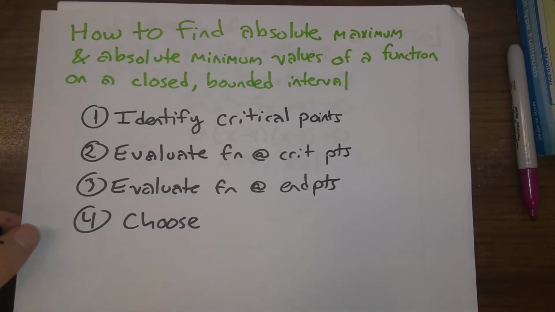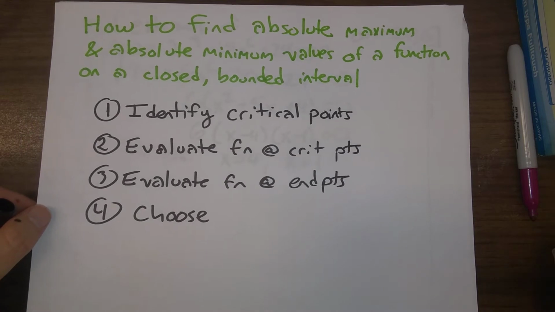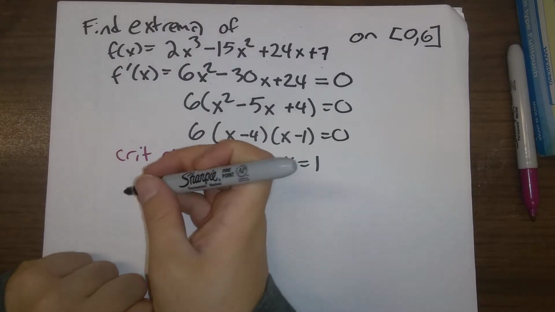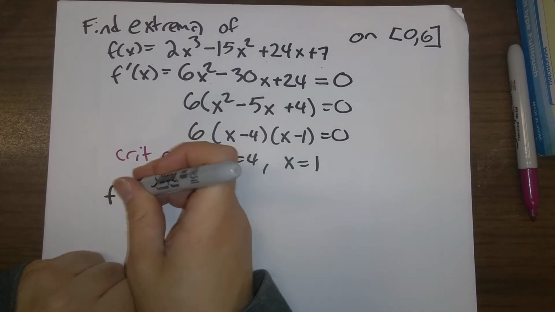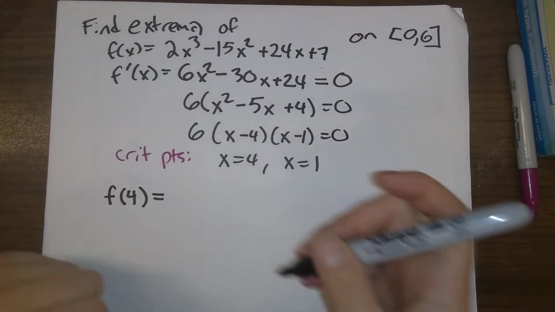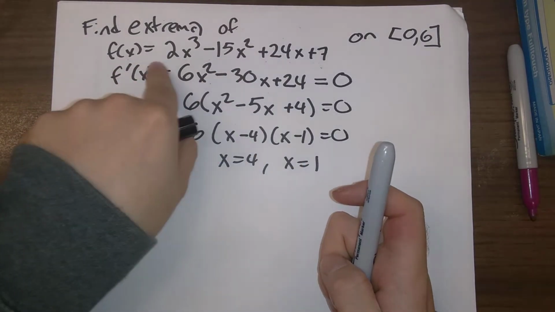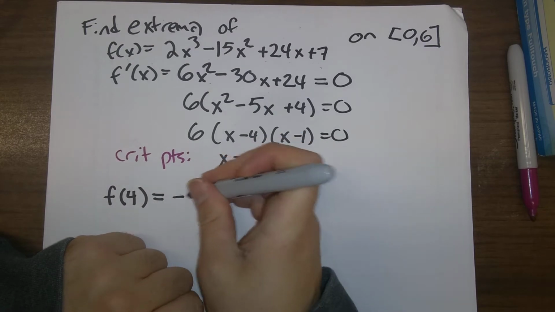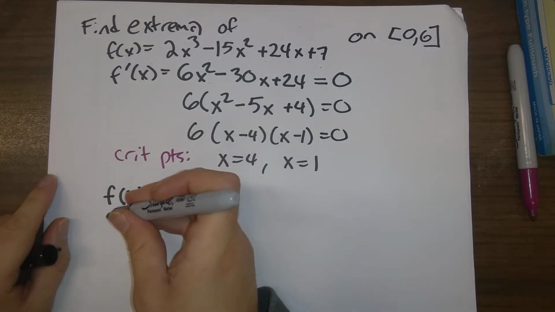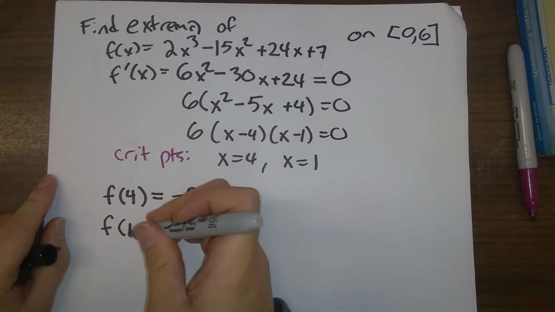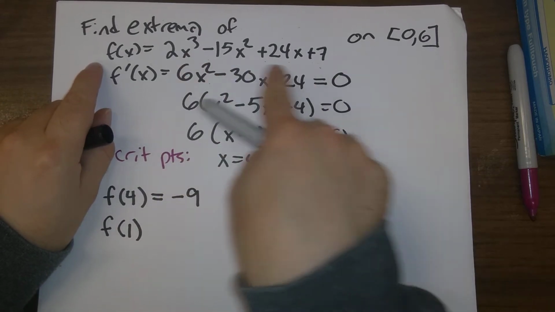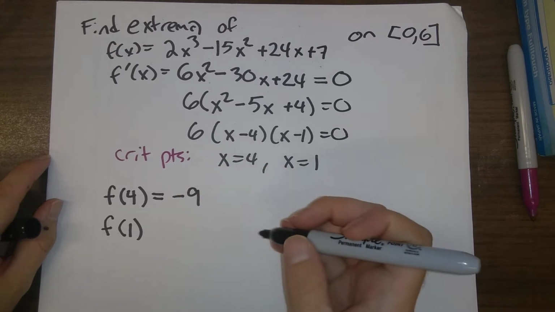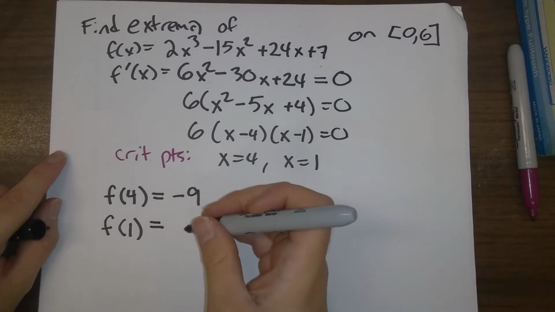So our next step is we want to evaluate our function at these critical points. So we're going to say f(4). When we plug 4 into this expression up here, crunch, crunch, crunch, you end up with -9. When we plug in 1 into this expression up here, check for yourself that you get 18.